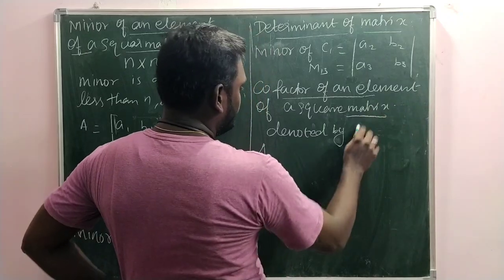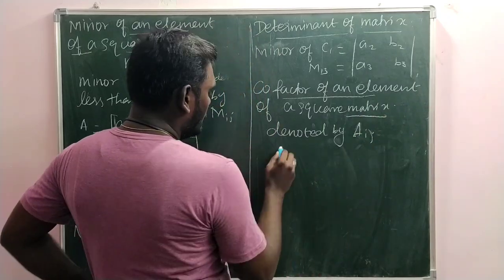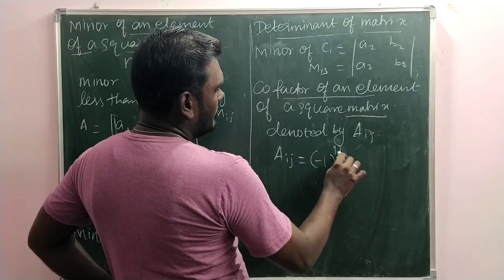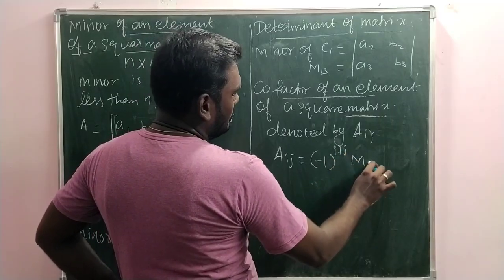So I'll write the formula: capital Aij is equal to (-1)^(i+j) Mij.